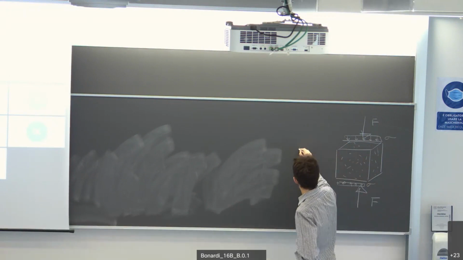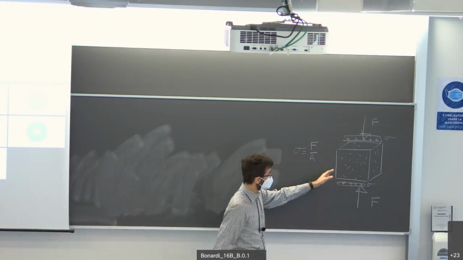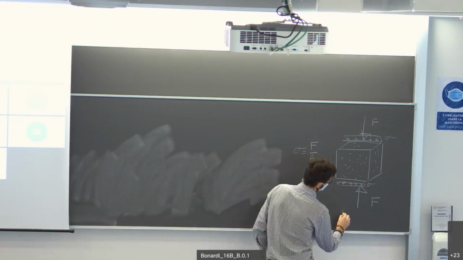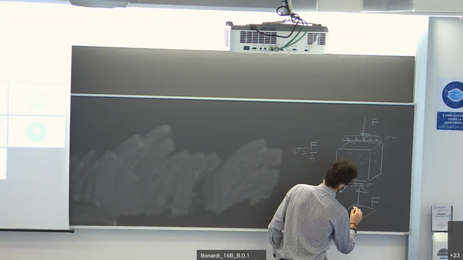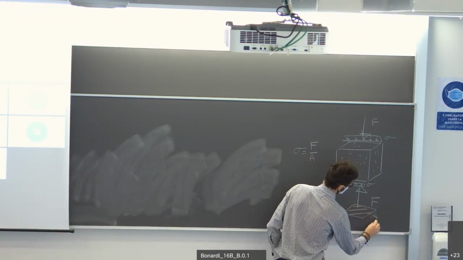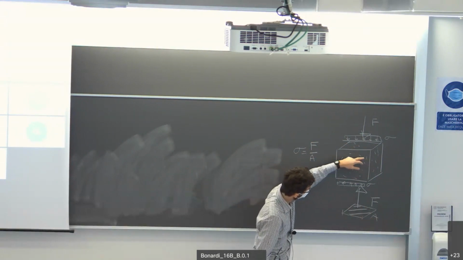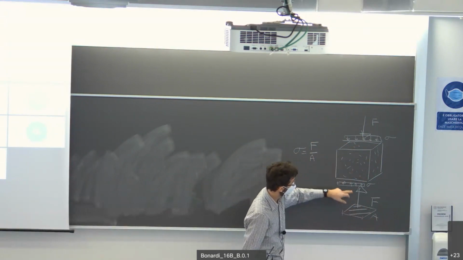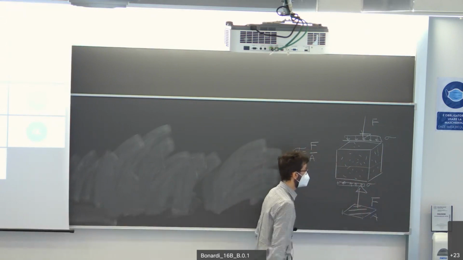So we know that the stress is simply the ratio between the force applied and the area over which it is applied. This is the geometric projection of this sample. So this has a generic area of A.